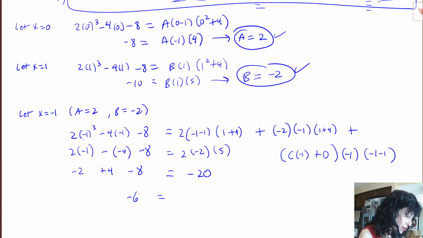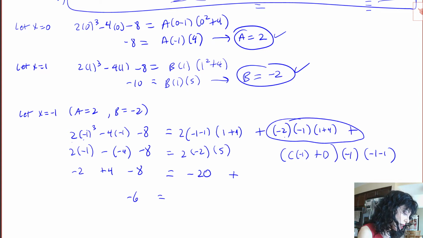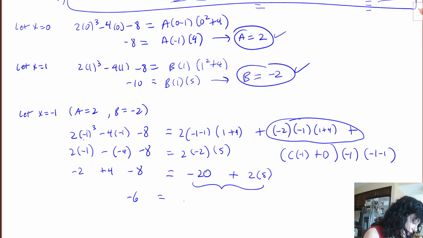Okay, so far so good. Plus, and I've got to look here. This is the next term we're working on. -2 times -1 is +2 times 5. So that's 10. So we have -20 plus 10. -20 plus 10, I believe, is -10. Okay, so far so good.